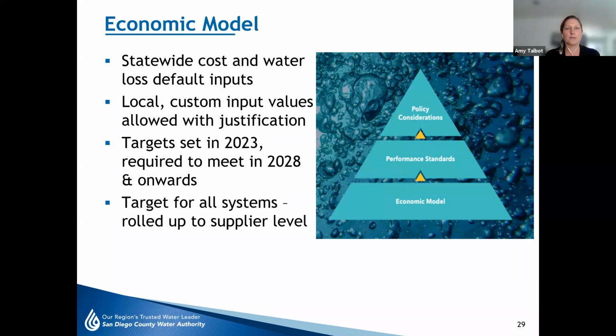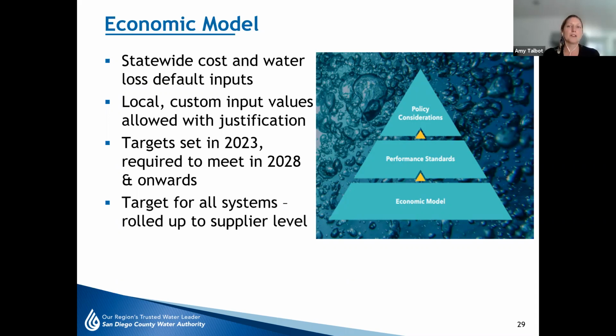The other tricky part is that you will get a water loss target for all of your systems. So let's say you're one agency, but you have 3 separate, hydraulically separate systems. Maybe one's groundwater, maybe surface water, maybe another groundwater, but they're all under the umbrella of one supplier name.